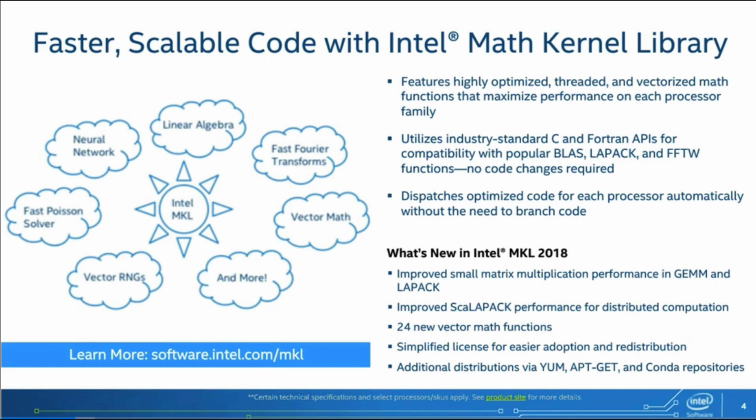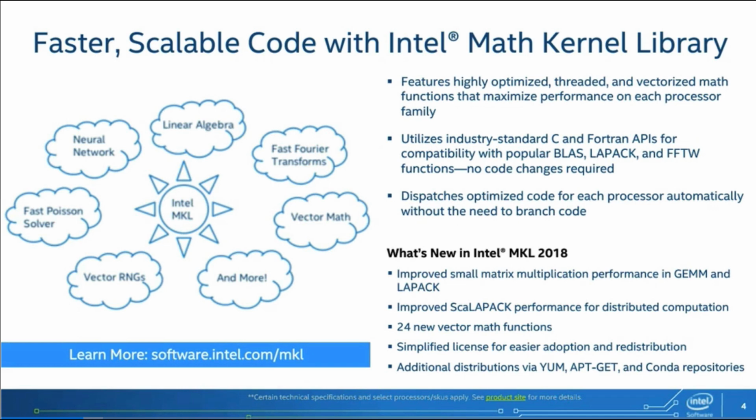So what's new in the latest version of MKL is improved small matrix multiplication. So this is geared towards very large scale computations all the way up at the cluster level if you need to. But MKL has also branched out into embedded and IoT for those interested in different stream data applications or pushing computations as far as you can to the edge before you send it up to cloud.